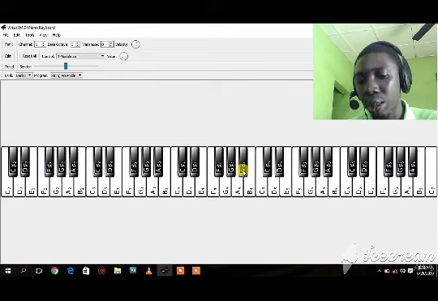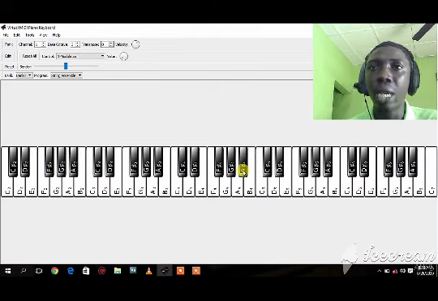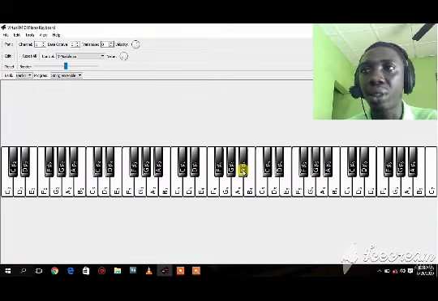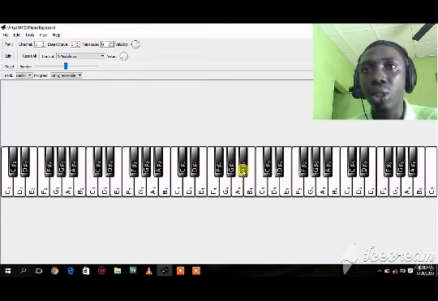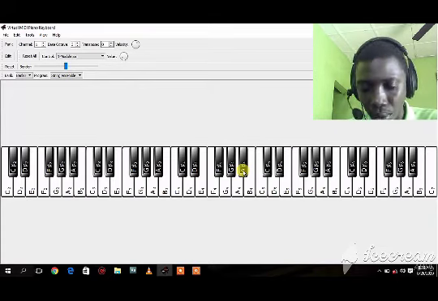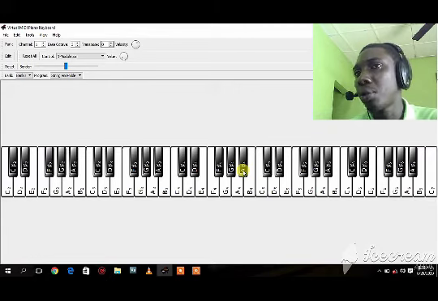So this simply means that your C Dorian mode is the same as your B flat major scale. Let me take that again. Your C Dorian mode is the same as your B flat major scale. We'll be talking about the use very soon.